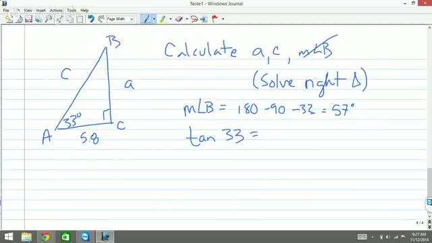Tan 33 equals A over 5.8. Anybody disagree?